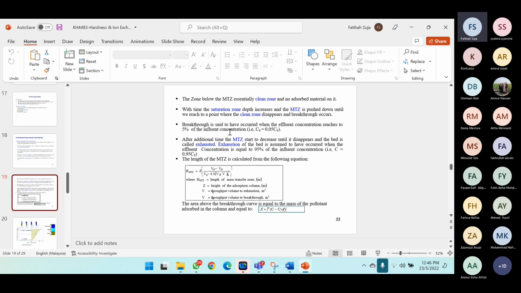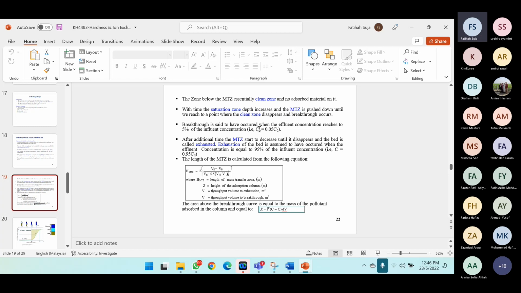Breakthrough is said to have occurred when the effluent concentration reaches 5% of the influent concentration, meaning that you must stop your operation whenever you find that 5% of your hardness is in the treated effluent.